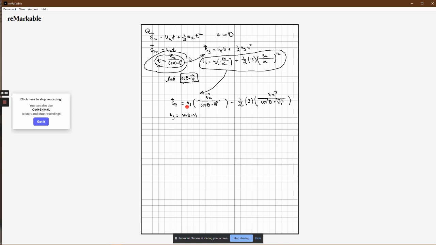So sub that into this whole equation, and we basically get S of y is equal to sine theta multiplied by v1 over cos theta multiplied by v1 in brackets, and we can always multiply this by S of x minus half g, and this as S of x squared over cos squared theta multiplied by v1 squared, right?